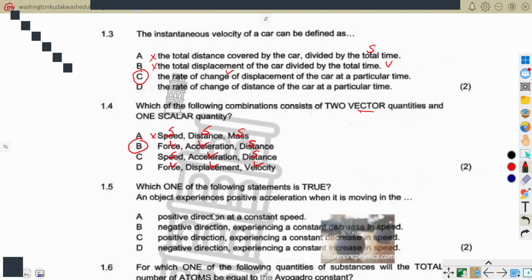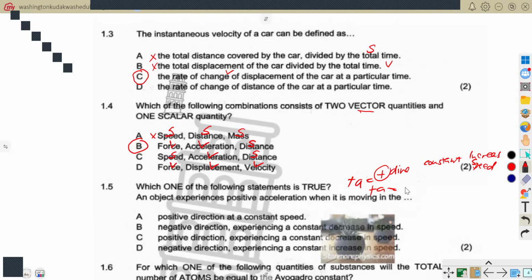In terms of direction and speed, for us to get what we refer to as positive acceleration, we have a positive direction and a constant increase in the speed. So if you have positive direction and a constant increase of speed, you would have positive acceleration.